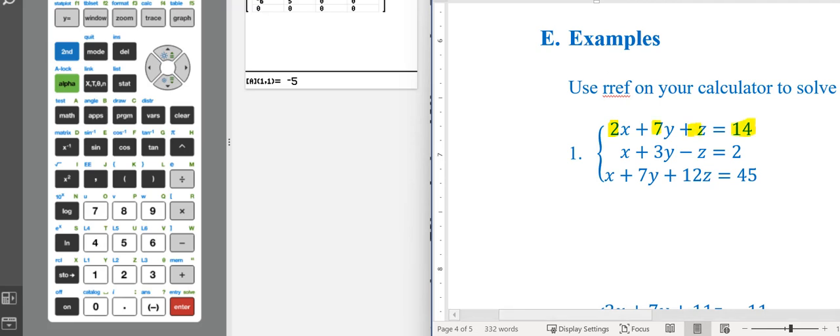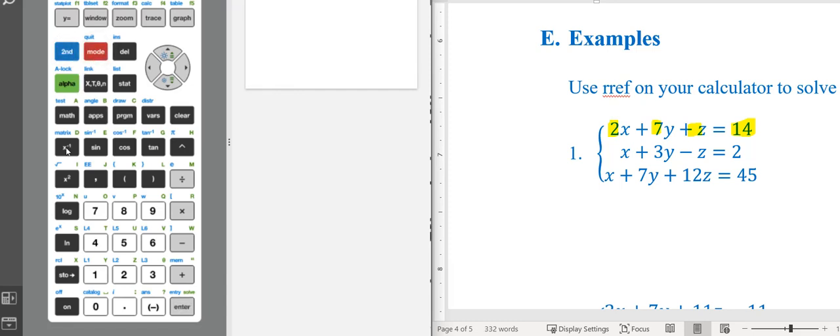Okay, so you're going to have 2, enter, 7, enter, 1, enter, 14, 1, 3, negative 1, 2, 1, 7, 12, 45. Once you have all of the coefficients entered, hit second quit.